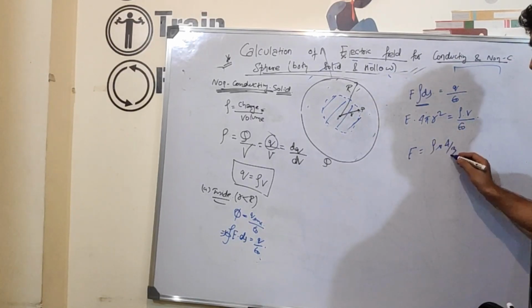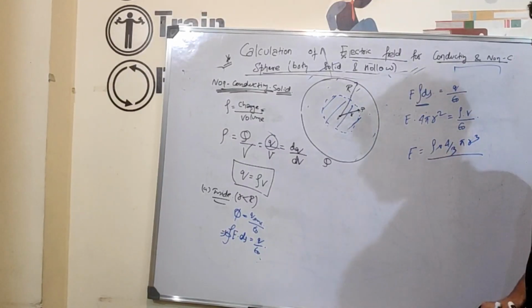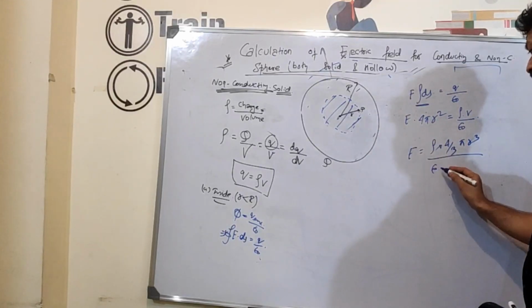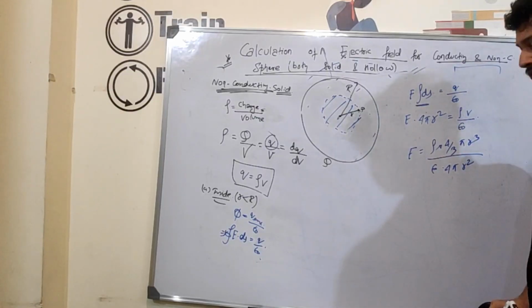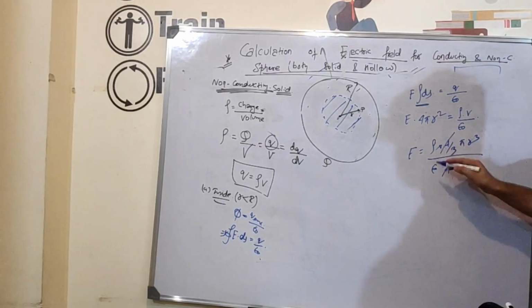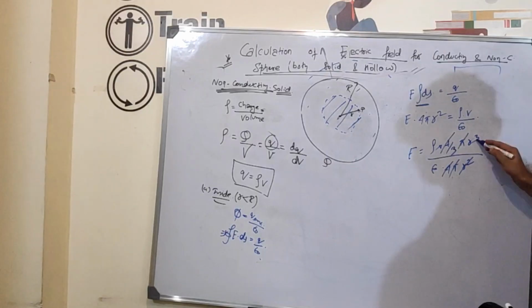4 by 3 pi r cube, divided by the surface area, which we have just calculated to be 4 pi r square. Can you see what things are getting cancelled? This 4 is cancelled, this pi is cancelled, and r square cancels with r cube.